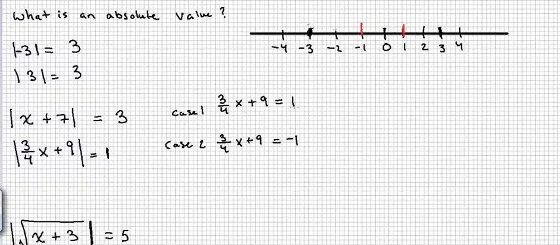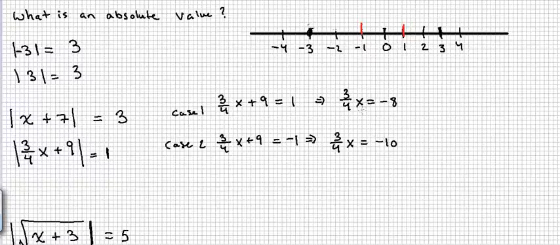So we're going to take 9 to the other side, so we'll get 3/4 x equaling negative 8, and then 3/4 x equaling negative 10. We just subtracted 9 from both sides.